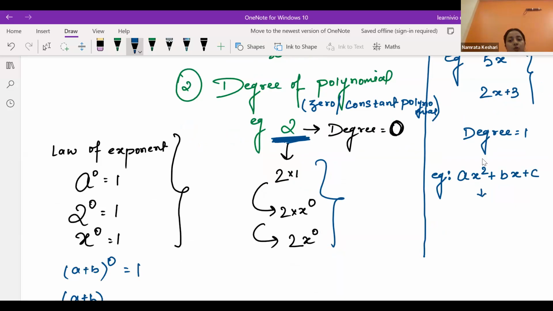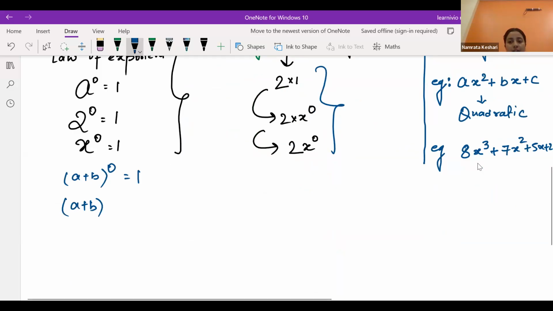This is called a degree 2 polynomial and the name is quadratic polynomial. A degree 3 polynomial is called a cubic polynomial, for example 8x cube plus 7x square plus 5x plus 2. This is the standard form of a cubic polynomial.